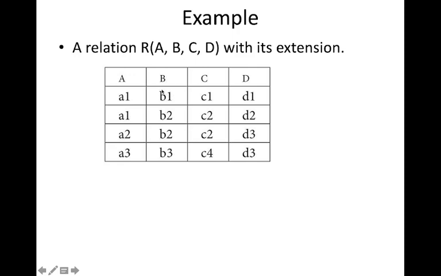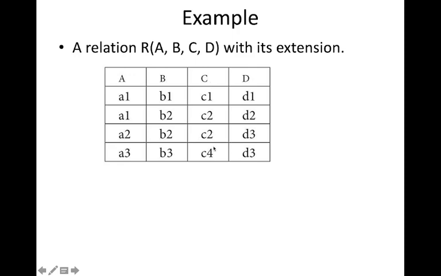So A to B, there is no functional dependency. B to C, there is functional dependency. From D to C, there is no functional dependency, because D3 has the same X values but the Y value is different here.